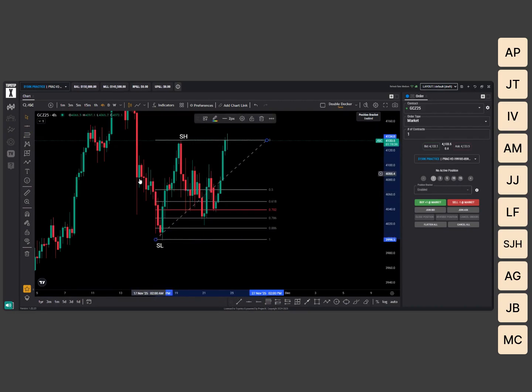We closed above this, right? Lower low, lower high, lower low. Cool. Break of structure. Boom. We should be expecting a pullback to then shoot up. That's exactly what it did.